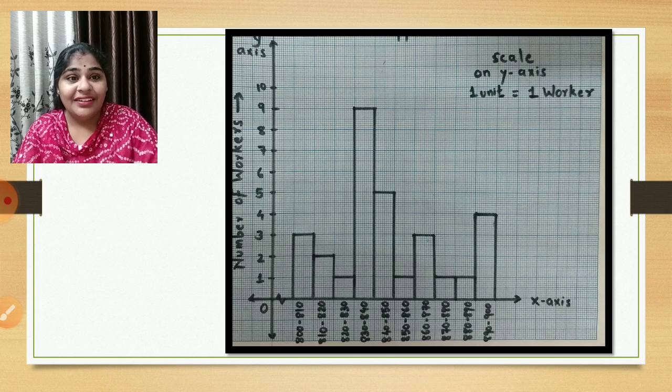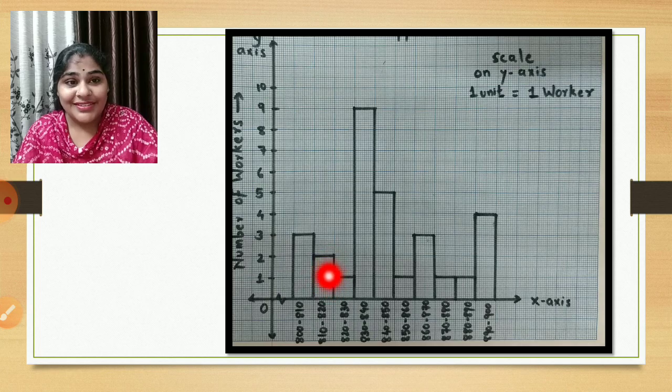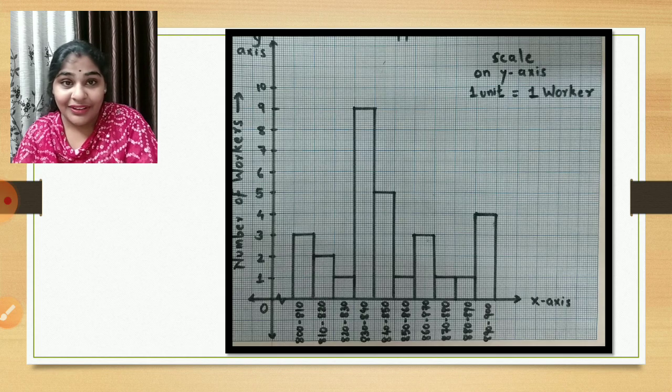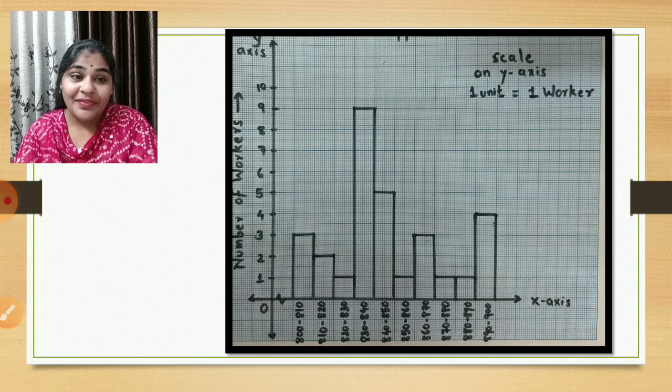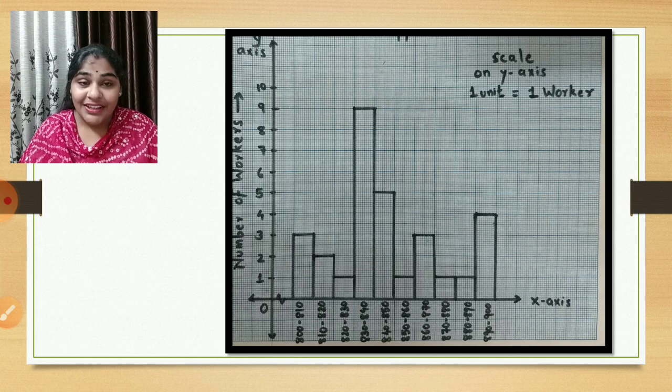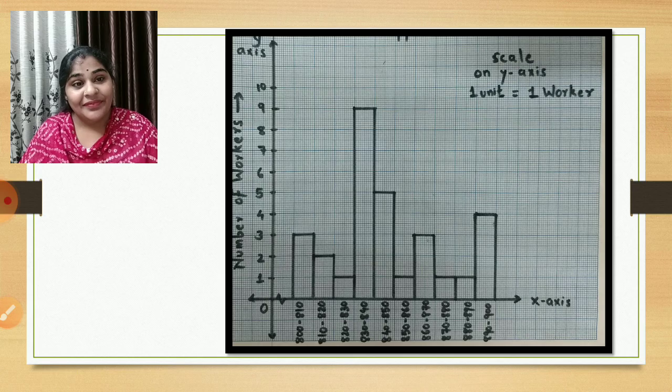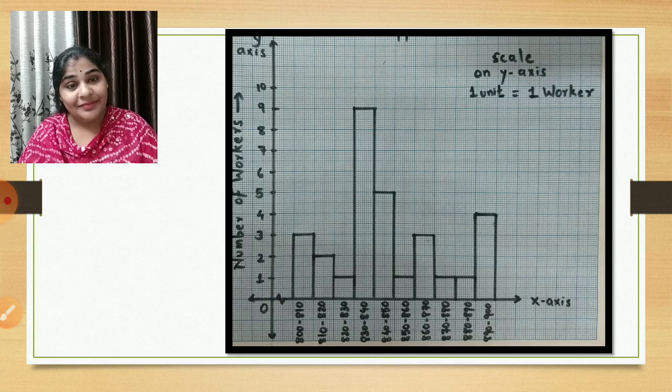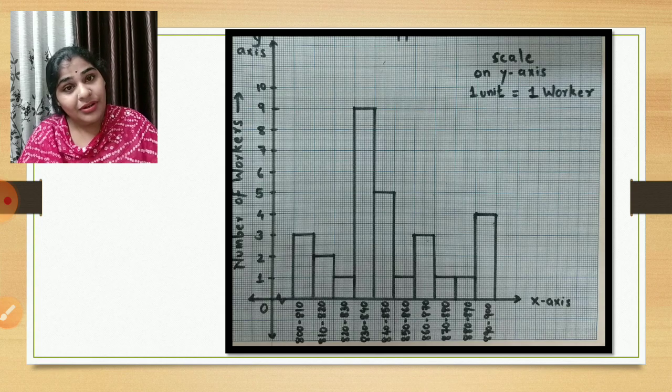So I will take a bar of 2 workers. Can you see here? But see here children, there is no gap between the bars. I'm continuously drawing the bars. So this is how you are going to draw a histogram. I hope this is clear children, and you will draw the histogram on graph paper. So better to maintain a book, or if you have graph papers, that will also do.